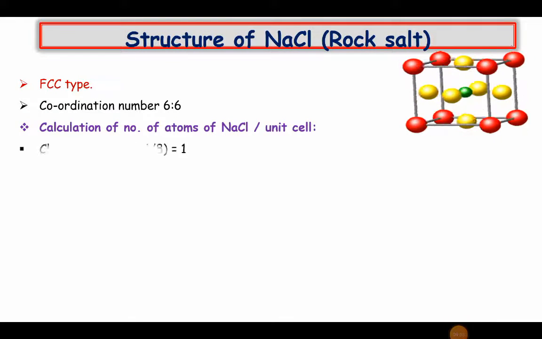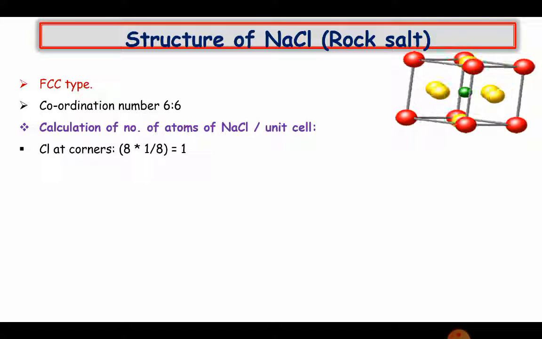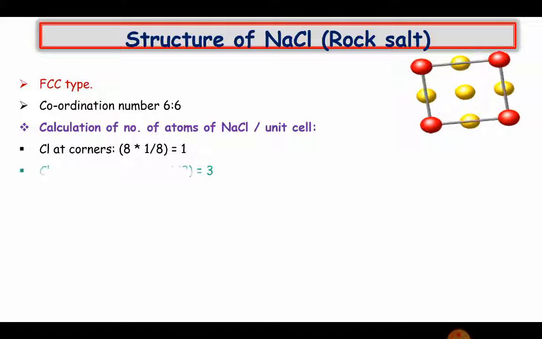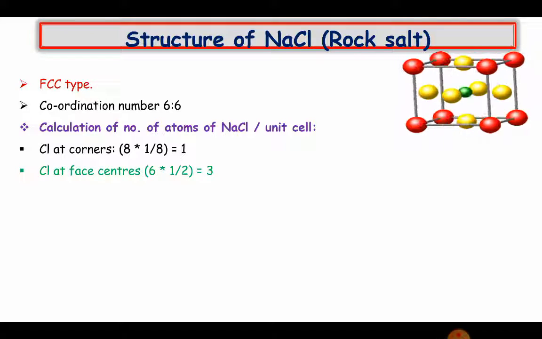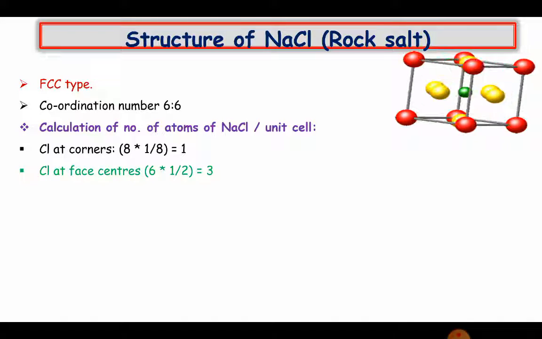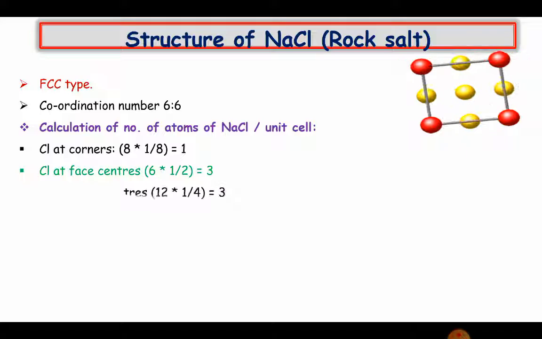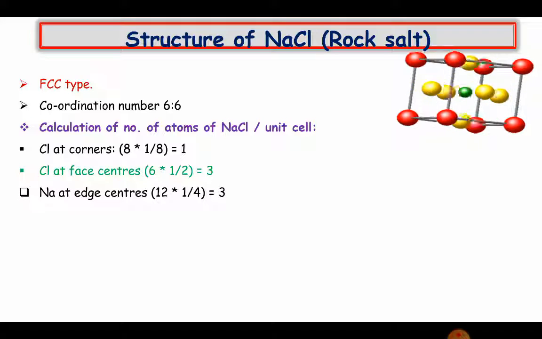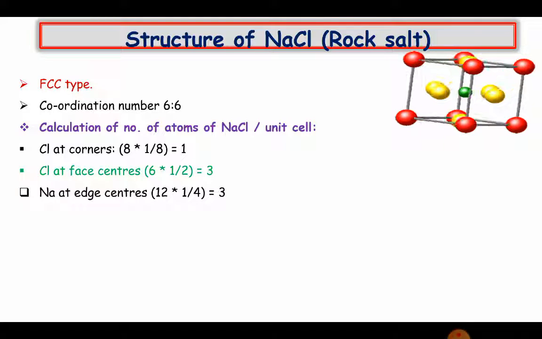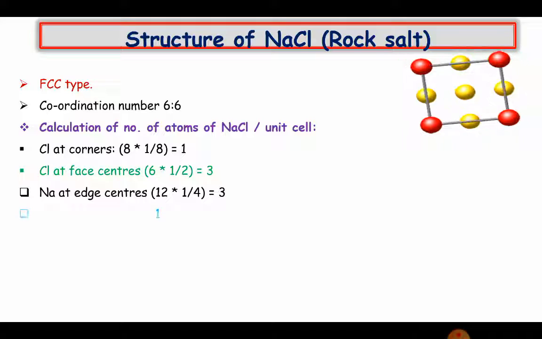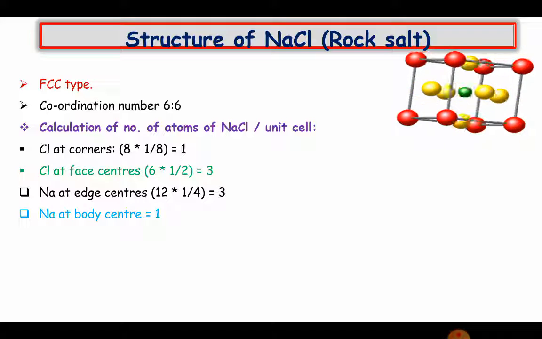So all the chlorines are at corners. At corners the contribution will be 8 into 1 by 8 is equal to 1, and chlorine is also present at the faces, 6 into 1 by 2 is equal to 3. That means there are a total of 4 chlorine atoms. And sodium at the edges: there are 12 edges, and each contribution is 1 by 4, which is equal to 3. Then sodium at the body center, 1.